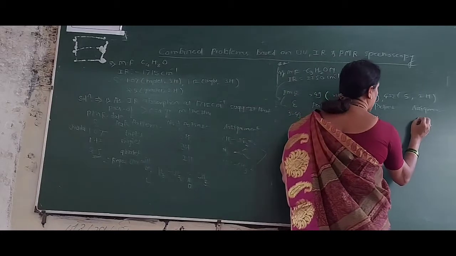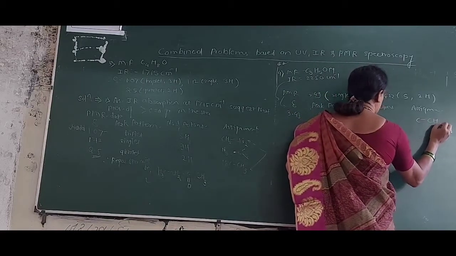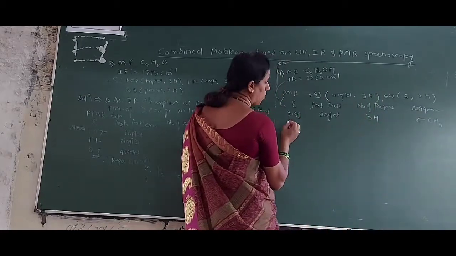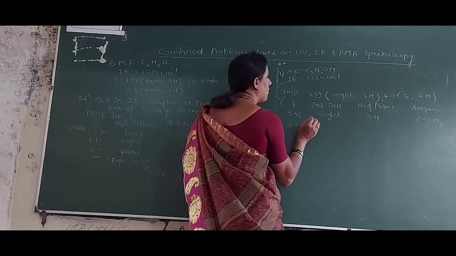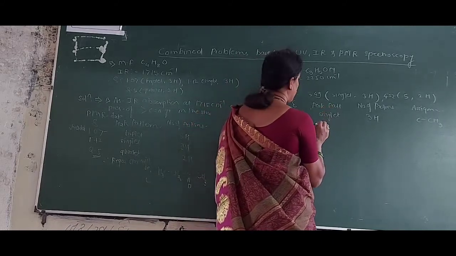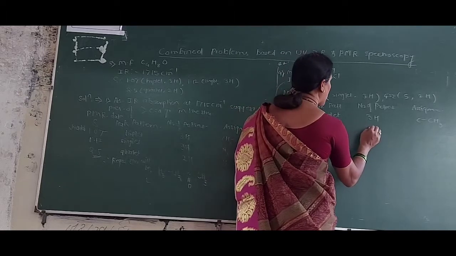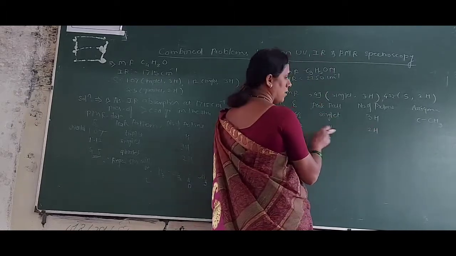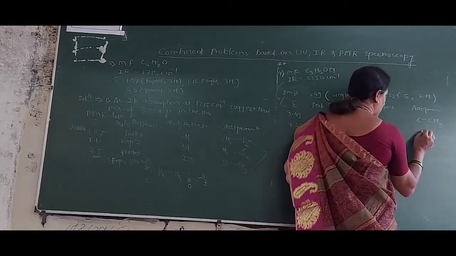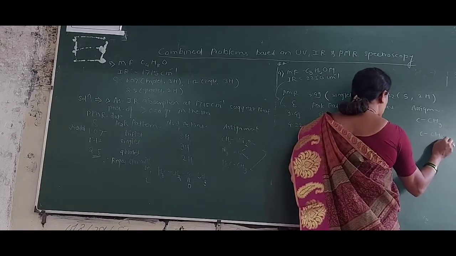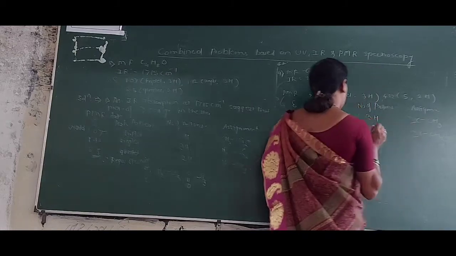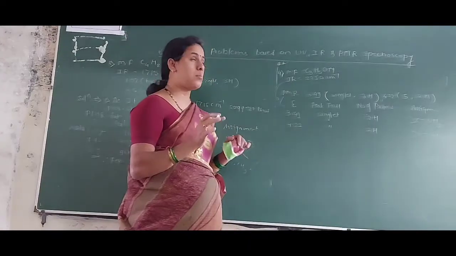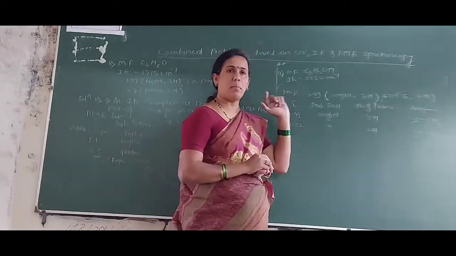Singlet, 3 protons means CH3. Now 4.22, singlet, 2H means CH2, since a singlet is present. This is the assignment due to the PMR data.